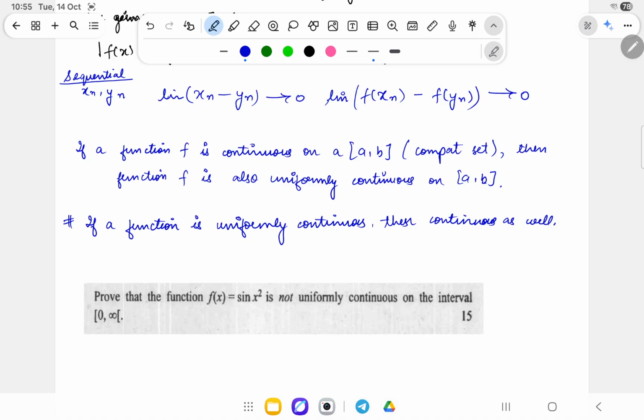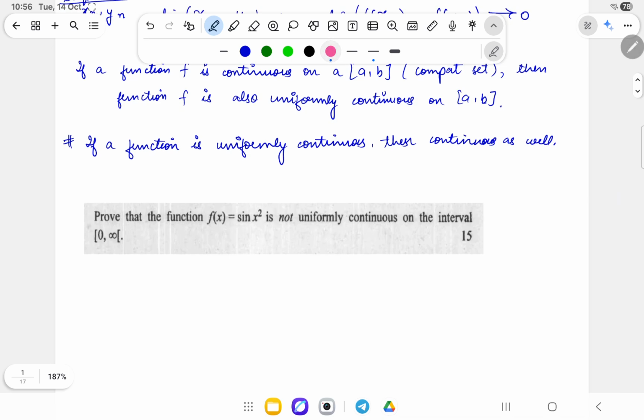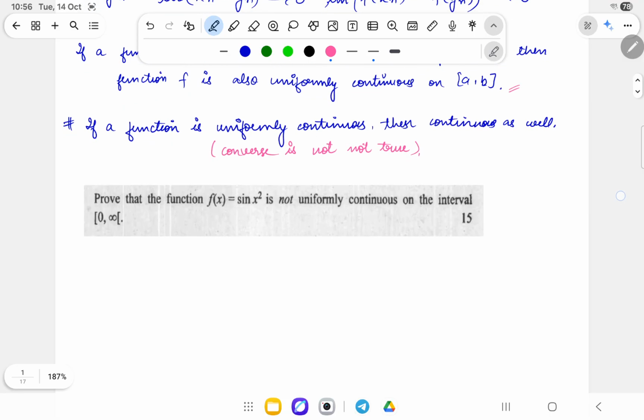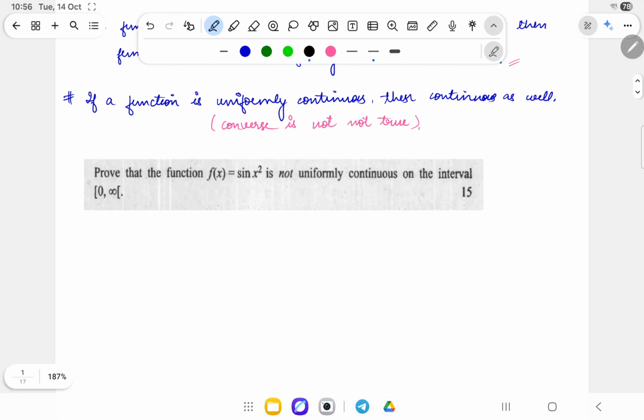That is, we cannot say directly that a continuous function is always uniformly continuous. On a compact set this result holds, but it is not true for every domain. We'll see certain examples of it later. The converse does not hold in general, but it holds for a compact set. This is called the Heine-Cantor theorem. So let's move on to see the questions on this topic.